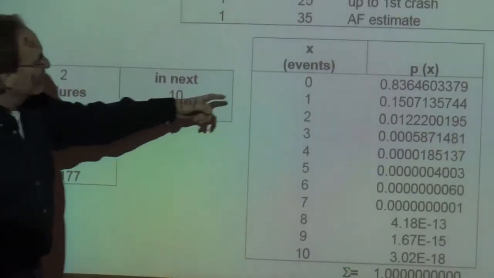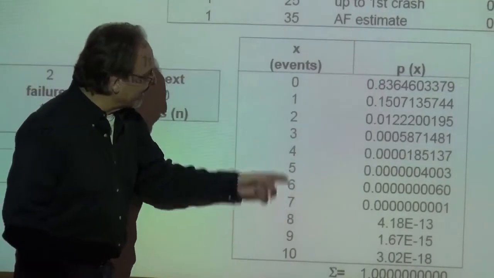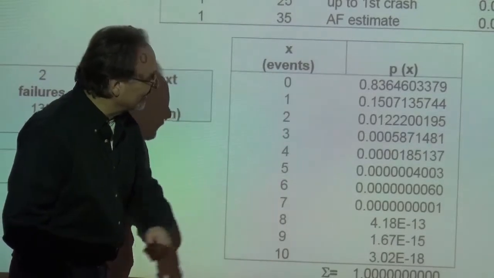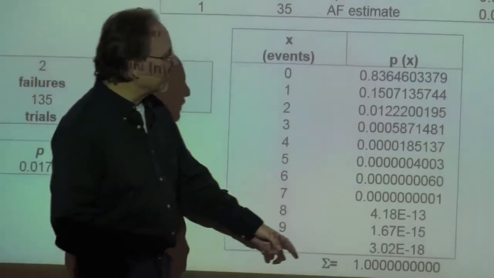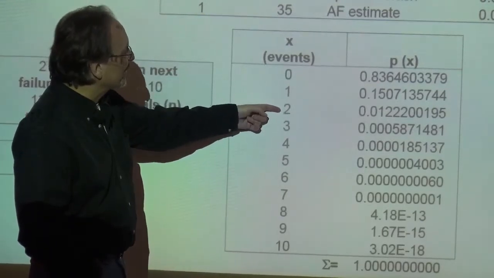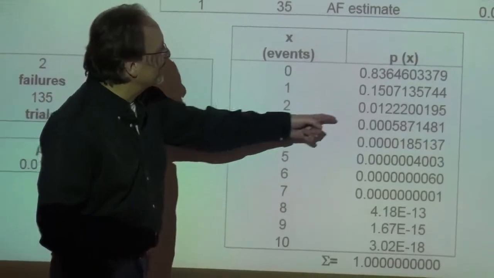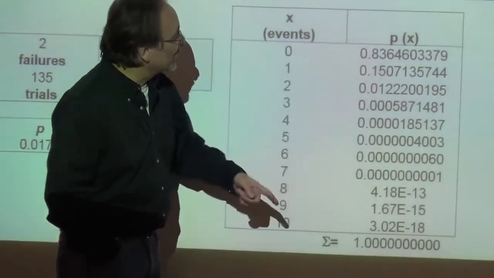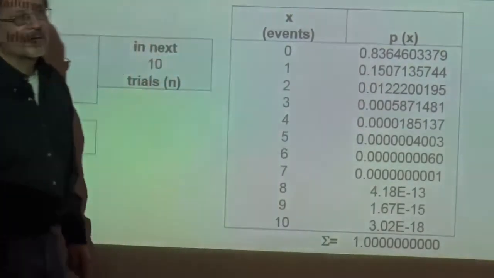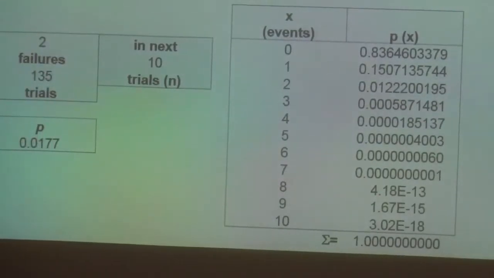We can calculate the probability of exactly 0, 1, 2, 3, 4, 5, 6, 7, 8, 9, or 10 crashes. And it gets diminishingly small once you get beyond 1. Okay, that's 1%. Once you get beyond 2. 1% is not diminishingly small. 15% is not great. But then once we get beyond that, it's very small probability, greater than 2 in the next 10.